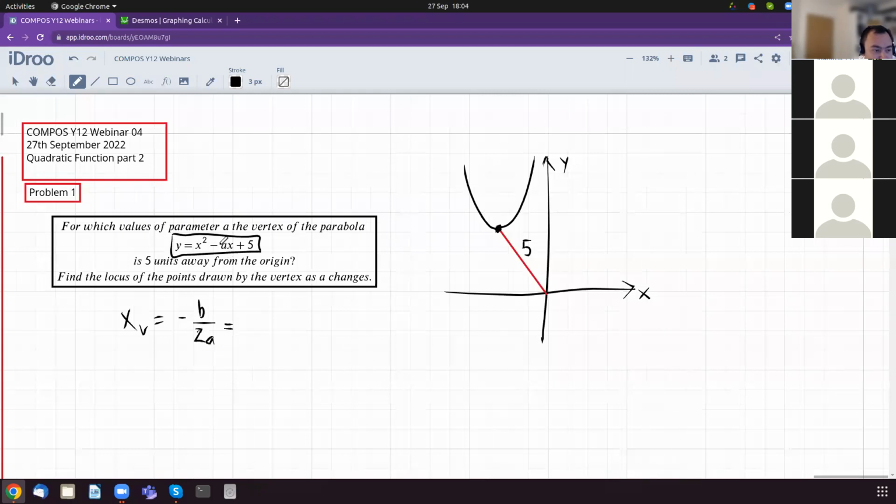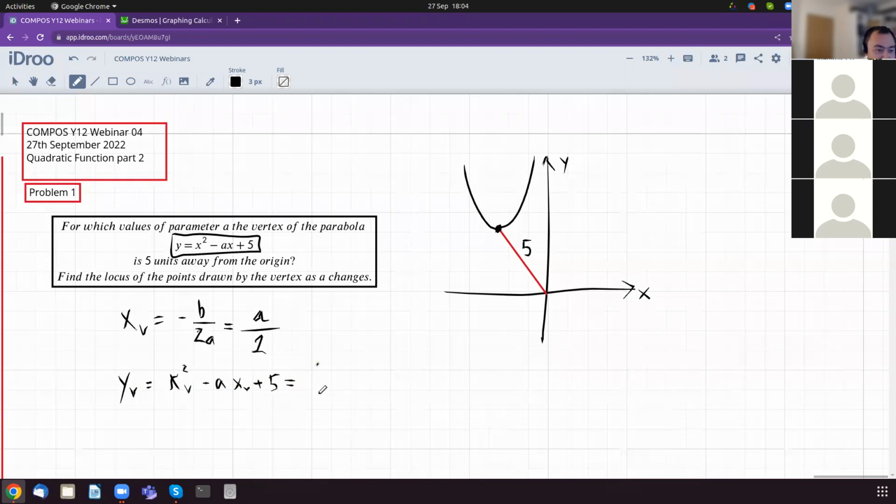Therefore, it's a bit confusing because minus b is a in this case, divided by 2. So that's the x of the vertex of the parabola. To find the y vertex, we substitute x vertex into x squared minus a x plus 5.